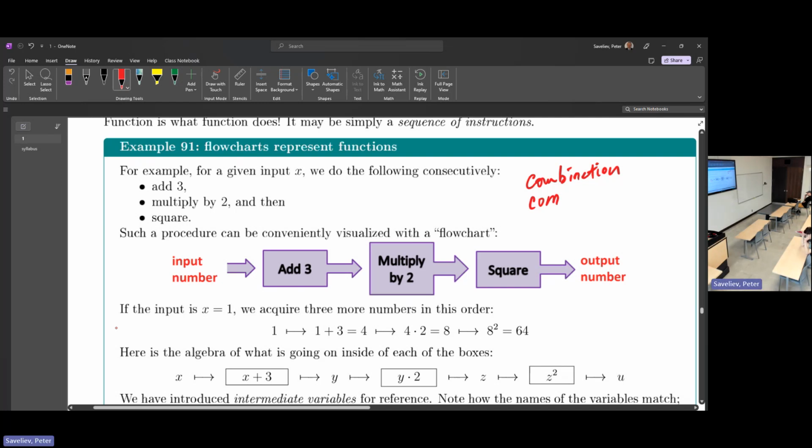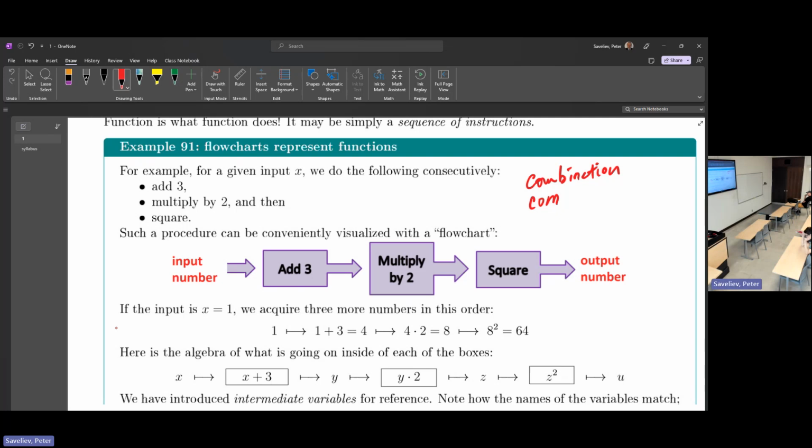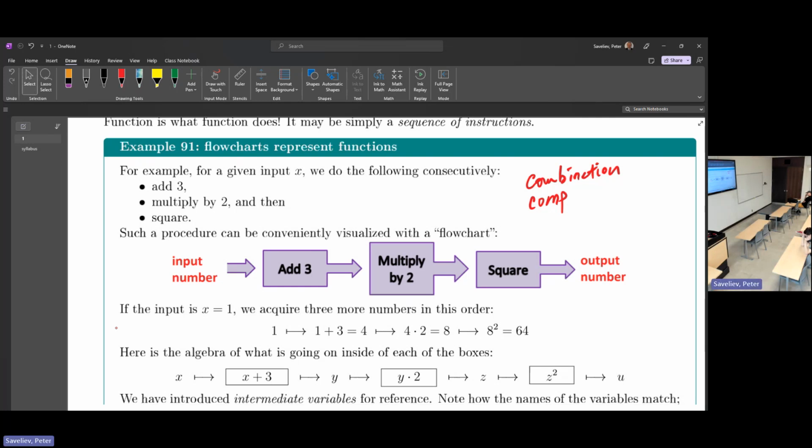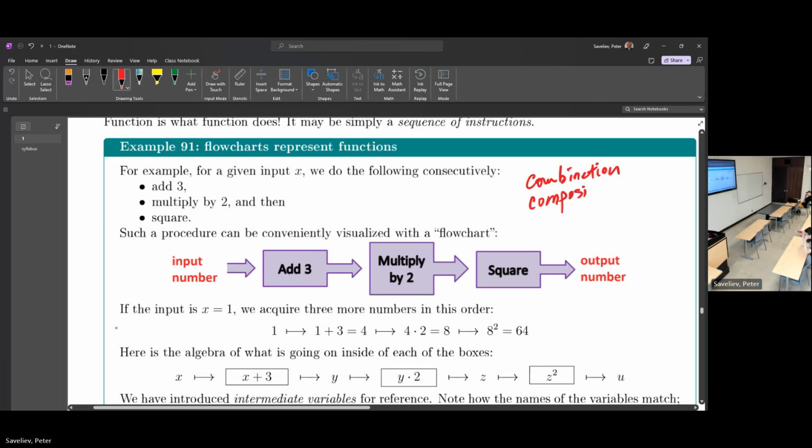The first three letters are the same as in the word combination. If you were guessing the word, the next is P. Close, composite, right? Composition. That's the word. Now you remember?